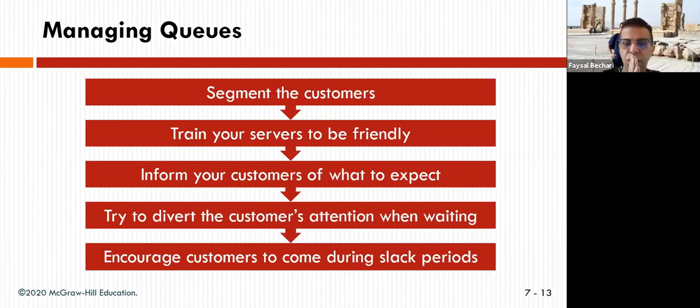Also encourage customers to come during the lower times. So you segment what kind of customers, and you train your servers to be friendly. But now there is a third thing in the picture: COVID has also affected waiting and the queuing systems.